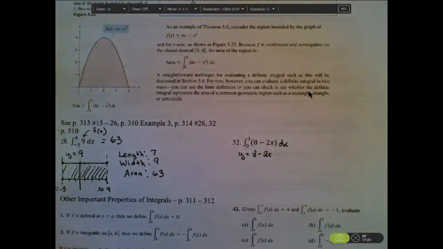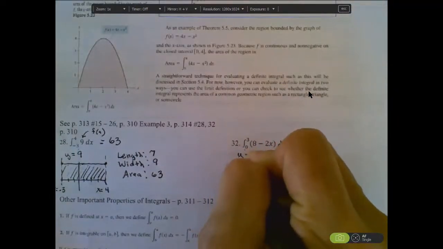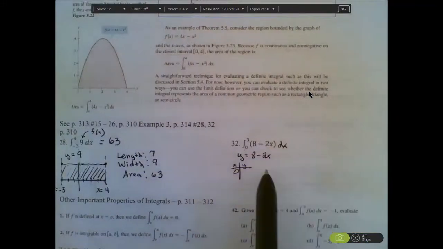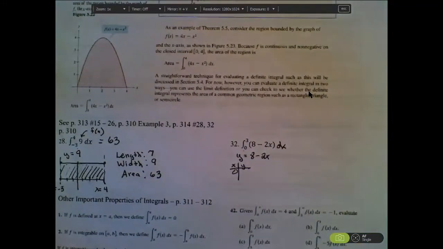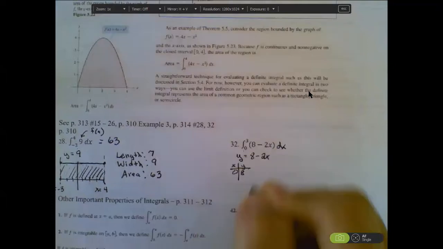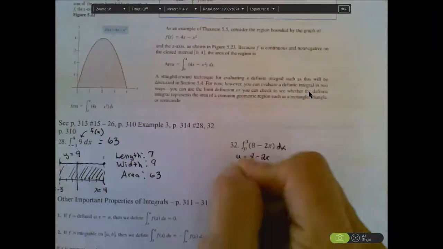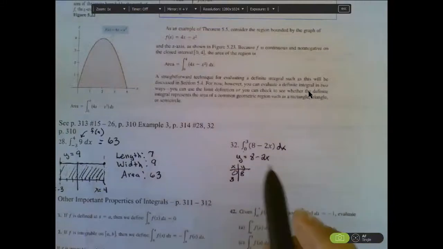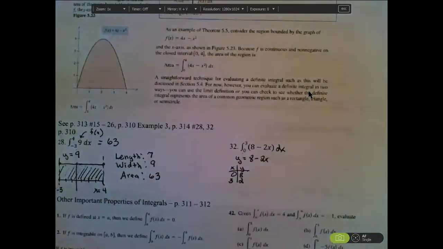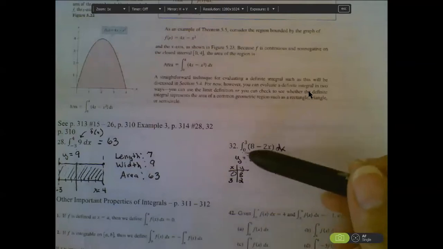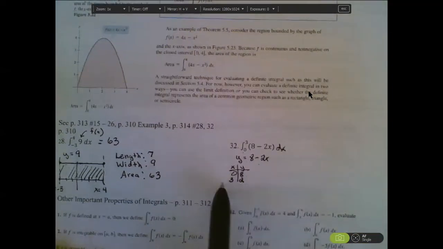So let's see. I'm just going to make a little XY chart here and say if I let x be 0, what would y be? That one's too easy for you. If I let x be 3, then y would be 8 minus 6, which is 2. So the endpoints of the interval would be (0, 8) and (3, 2).